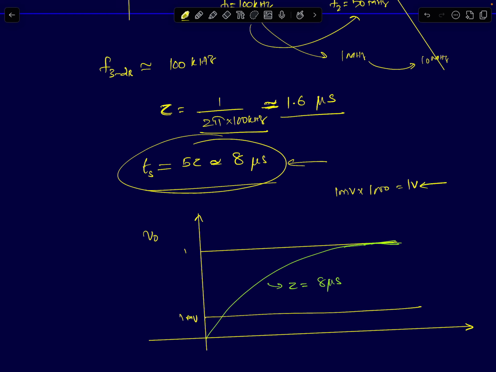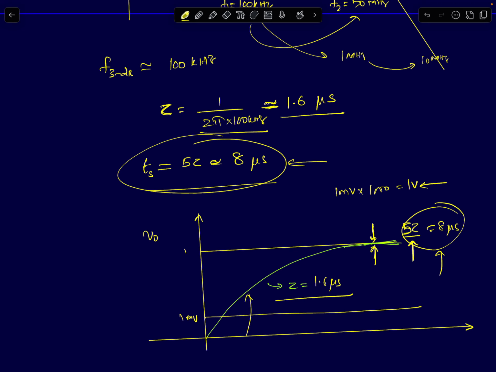It will reach the steady state output voltage asymptotically with a time constant of 1.6 microseconds, and it will reach the steady state value with more than 99% accuracy, within 5 time constants. That will be 8 microseconds. That's the overall settling time.